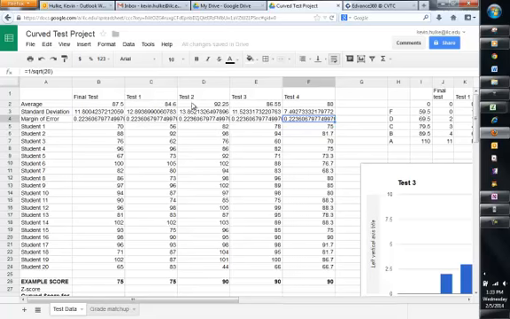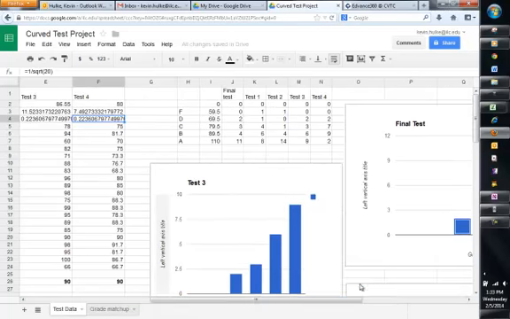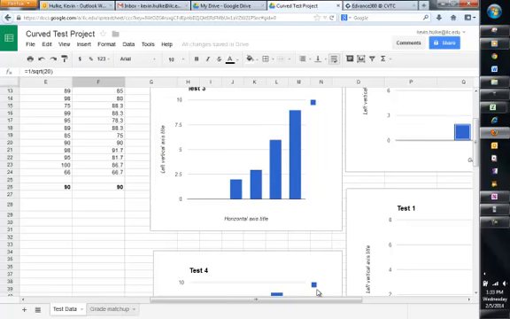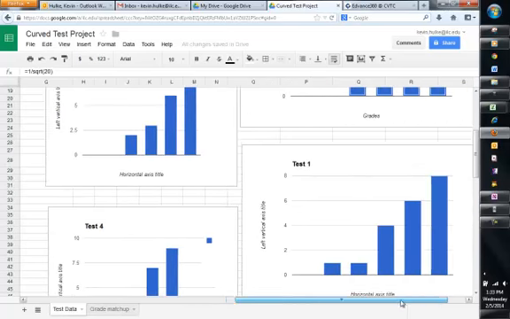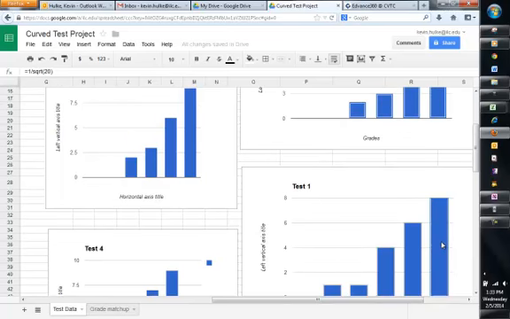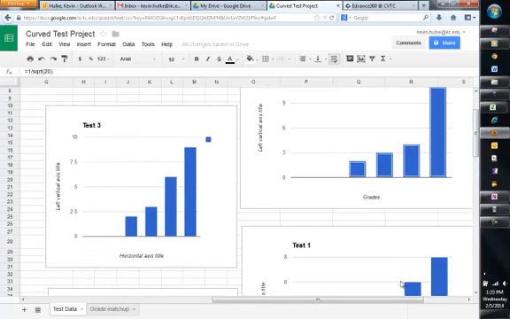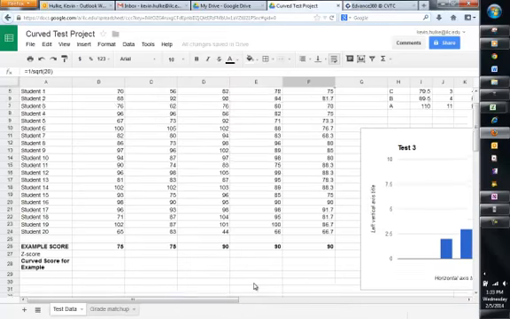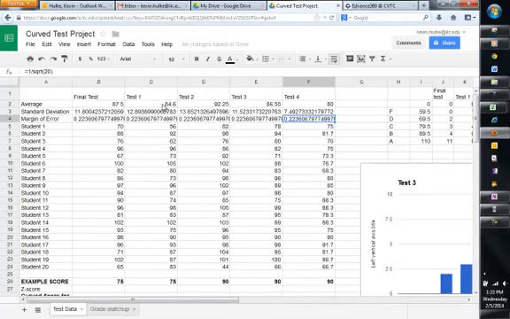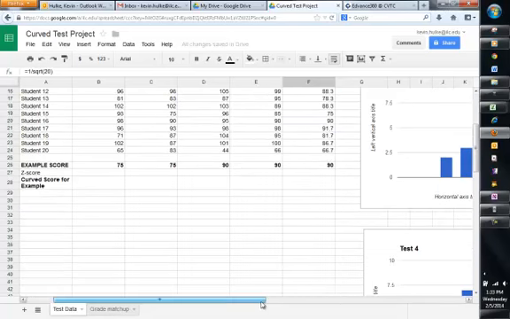So, in fact, test 2 was the most spread out scores there were.